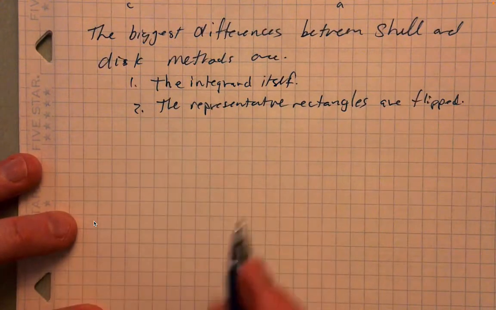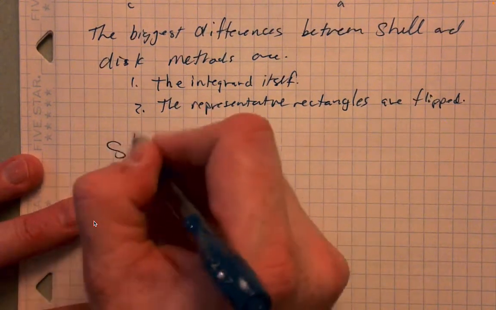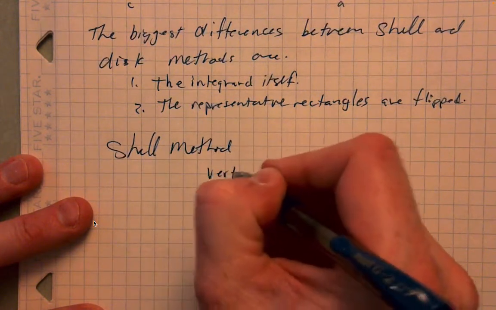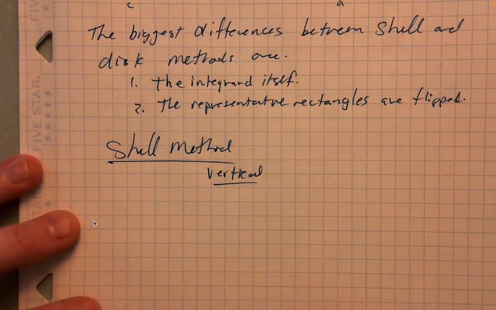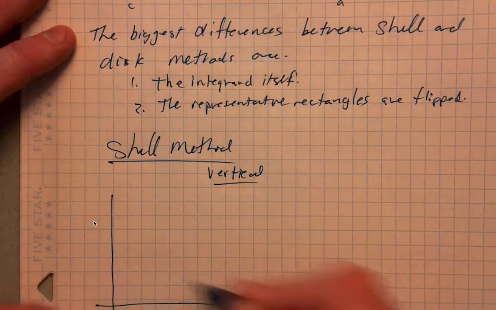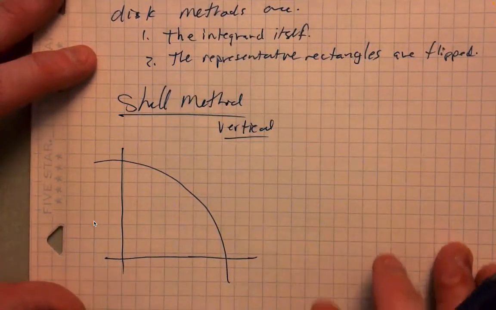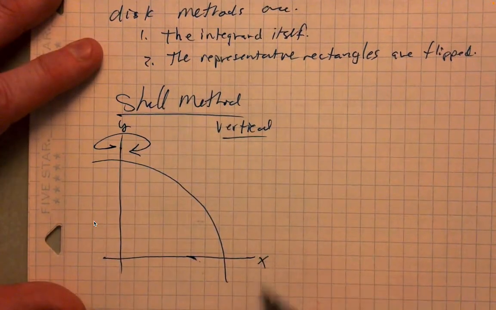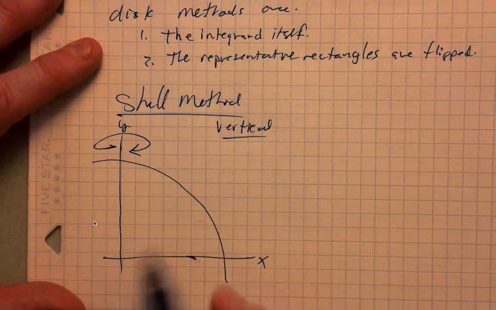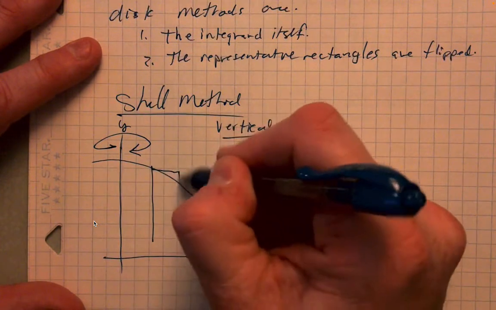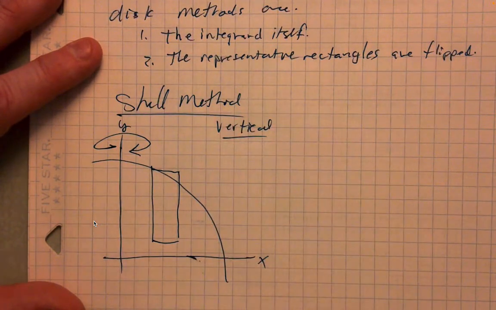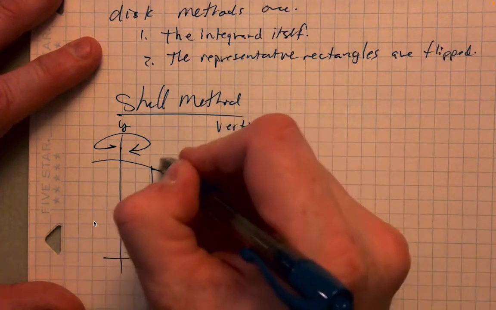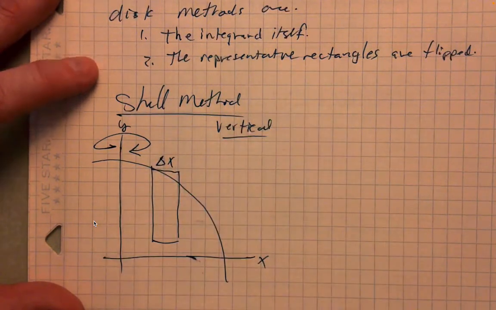Okay, so let's just recap the shell method. You had the vertical setup, same picture, rotating again around the y-axis. With the shell method, we had vertical representative rectangles. That means we're going to have a delta x width.